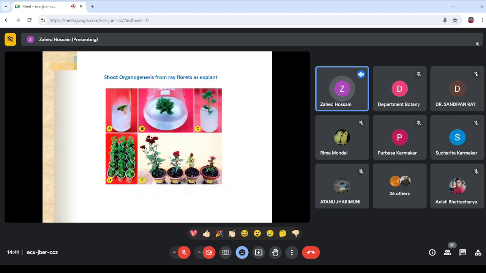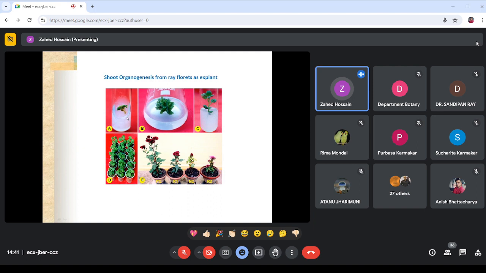As I mentioned, any part of a plant can be used as an explant. Here, I don't know whether you can see or not, this is basically the ray floret. You know that in the case of chrysanthemum, there are ray florets and disc florets. We used the ray floret as an explant, and you can find these young shoot buds coming out from the ray floret.